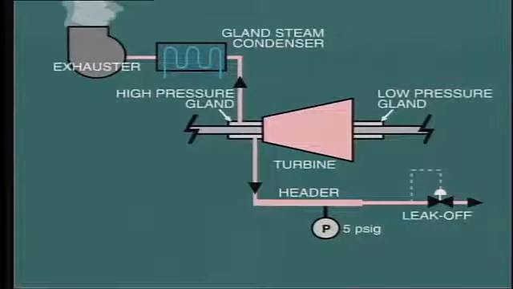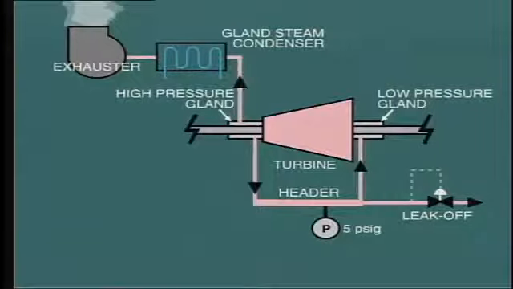Now let's see what's happening at the vacuum end of the turbine. Well, we definitely do not want air to enter the casing, even the small amount that may flow across the labyrinth seal. In order to prevent the leakage of air into the casing, low-pressure steam is provided from the header to the low-pressure gland seal. This results in a small amount of steam entering the turbine casing, and this is far preferable to air.